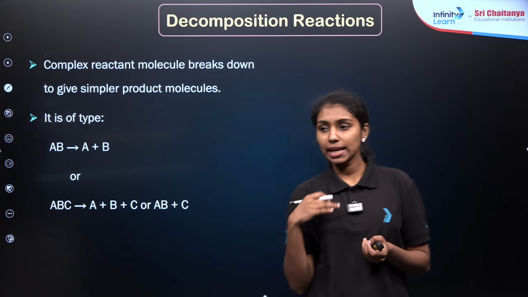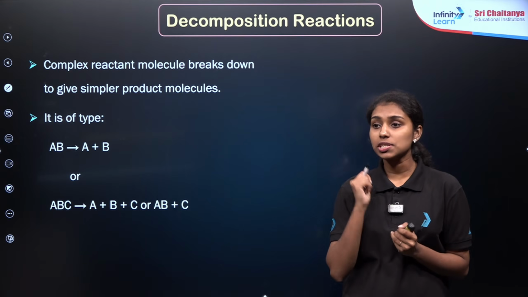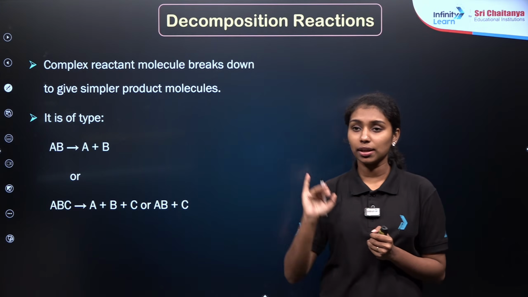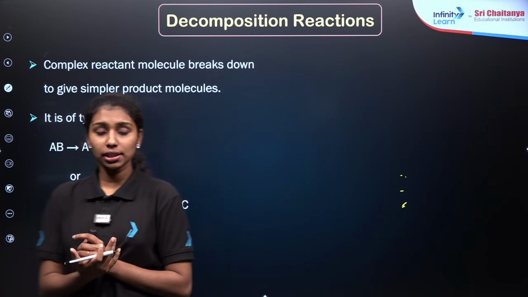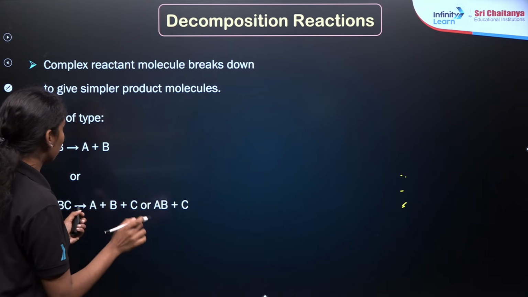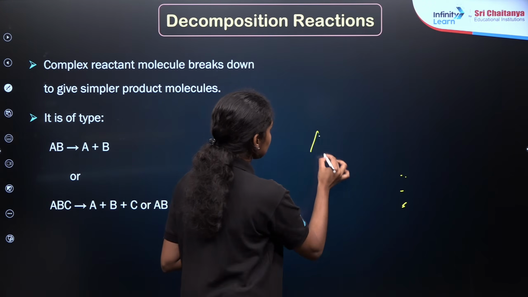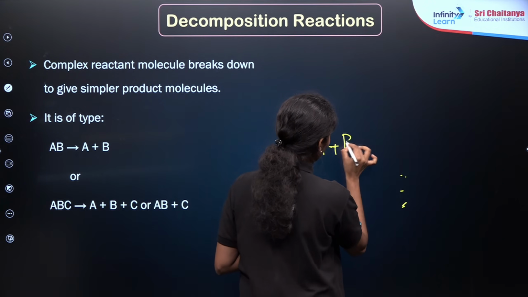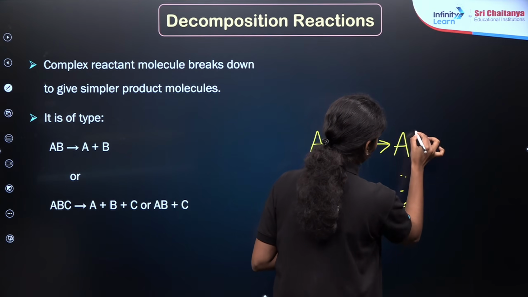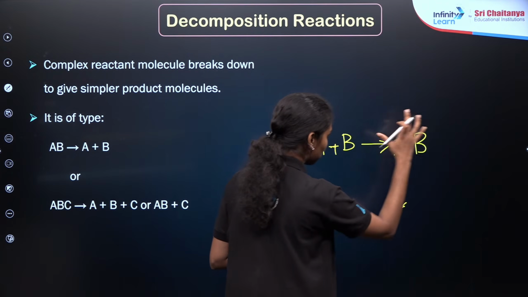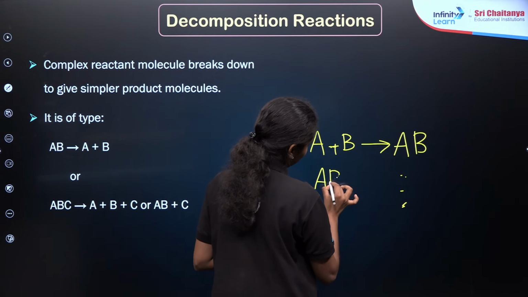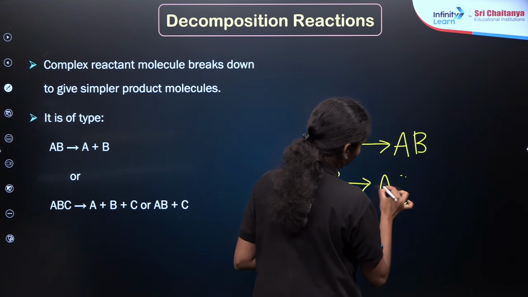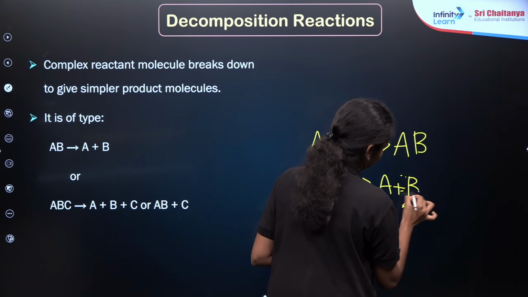Now let us discuss the next type of chemical reaction, that is the decomposition reaction, right? Just the opposite of the combination reaction, right? In the previous case we discussed A plus B is forming AB, right? Now if I'm taking the single product AB and I'm breaking this, it will form the products A and B here.